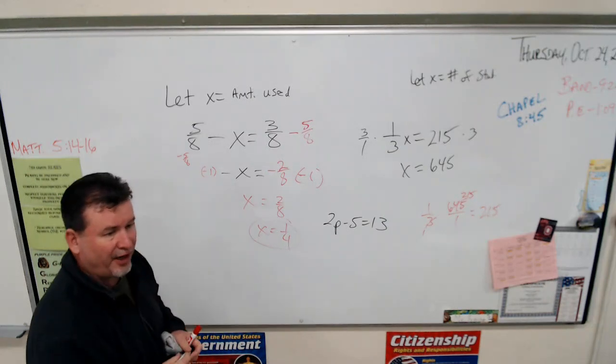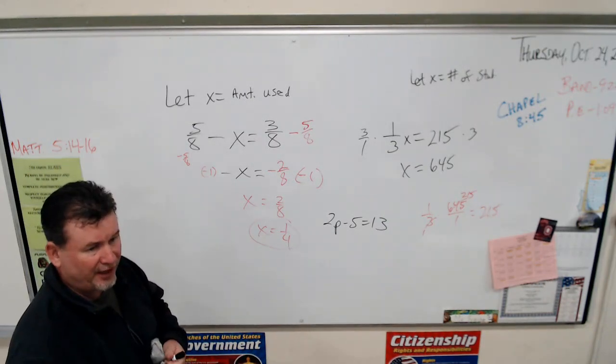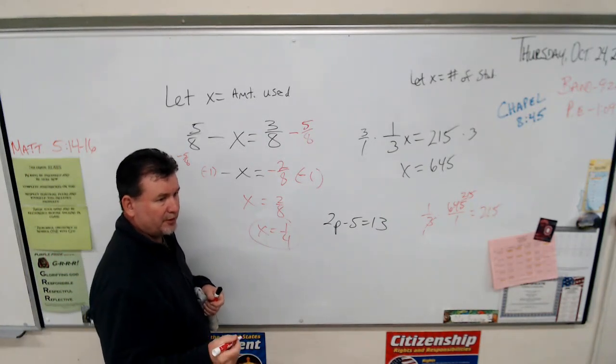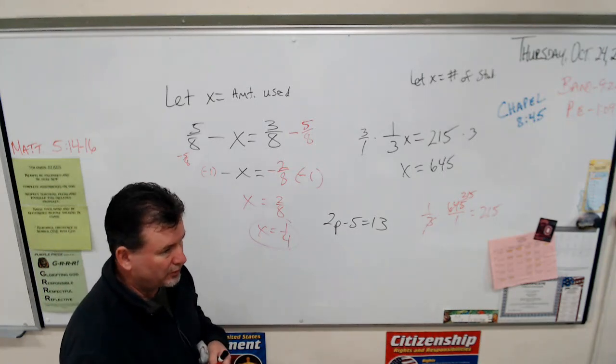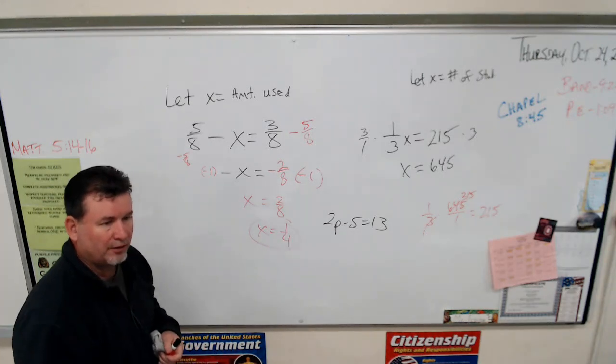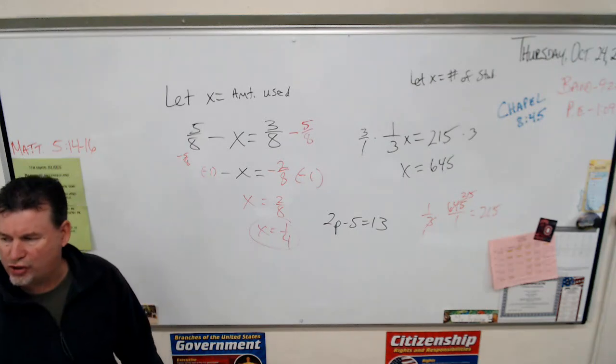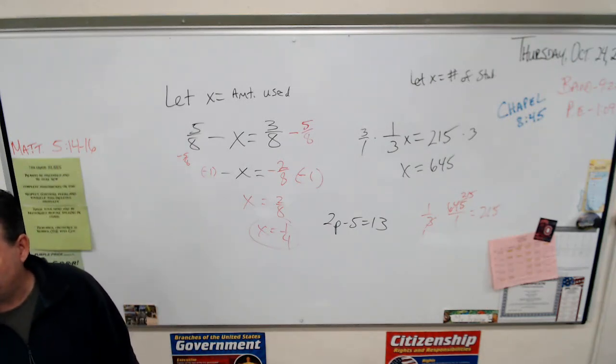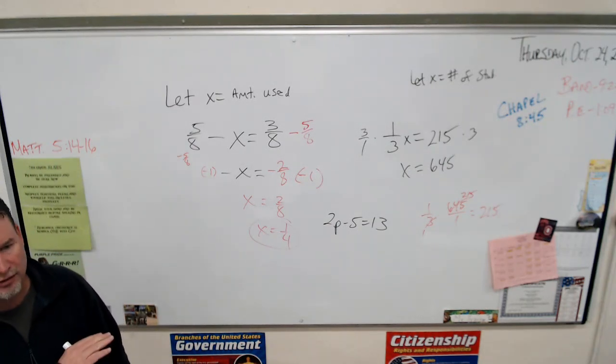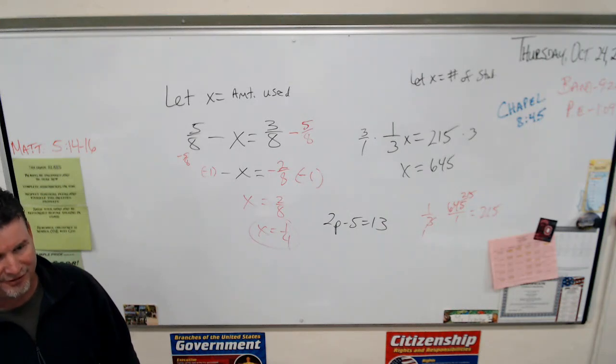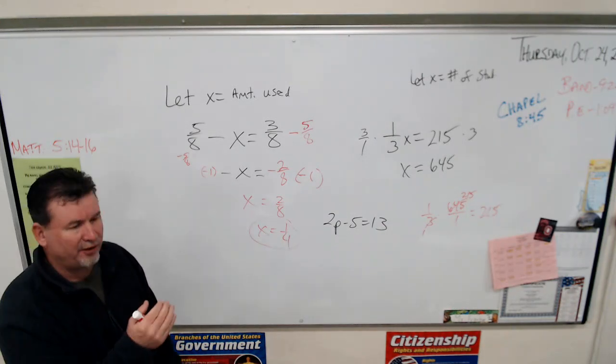Noah, how do you undo -5? You add the opposite. Okay. You've got to stop saying that. You're conflicting.